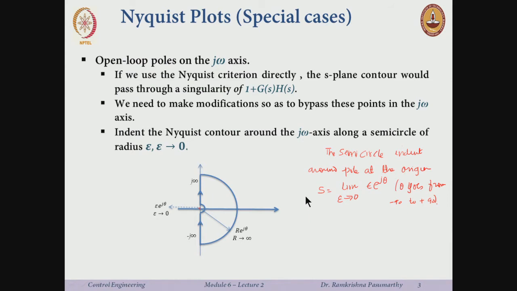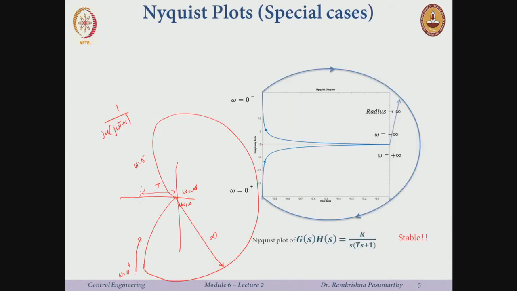And therefore the plot is complete by starting from here. I start at omega equal to 0 minus and go all the way to omega equal to 0 plus, and then to omega equal to plus infinity. Let me say it again: omega is minus infinity, 0 minus, 0 plus, and omega equal to plus infinity.